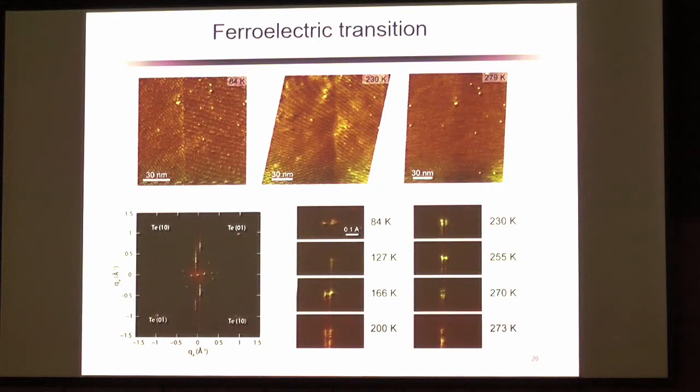There's a splitting here, which means you still have distortions, which means you still have polarization. As we increase the temperature, the splitting becomes smaller and smaller, and when it goes to 270 Kelvin, it has almost disappeared.